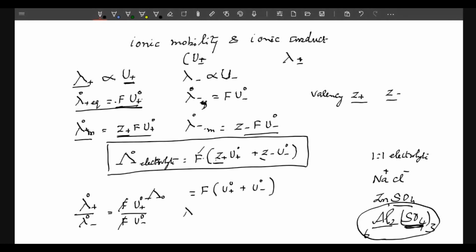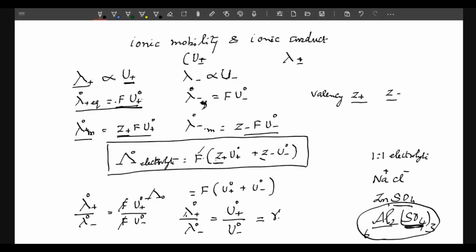Therefore, lambda plus naught by lambda minus naught is equal to the ionic mobility of the cation by the ionic mobility of the anion. This we have already called the ratio of the speed. Therefore, now this is equal to this.